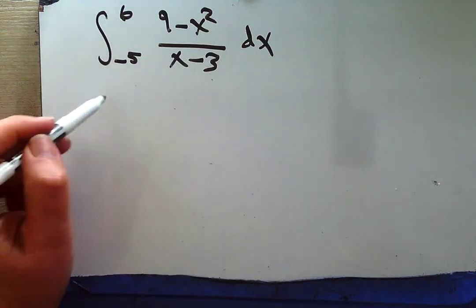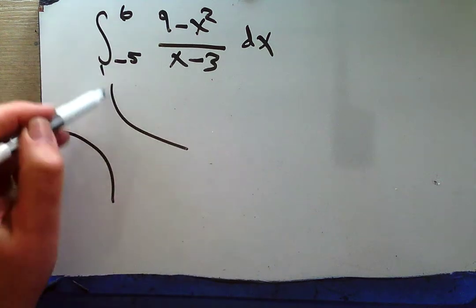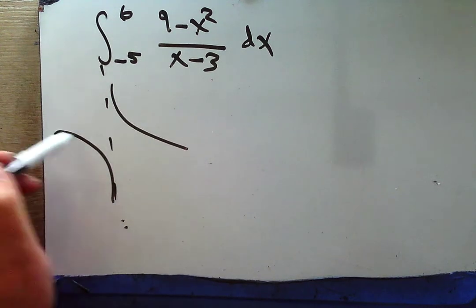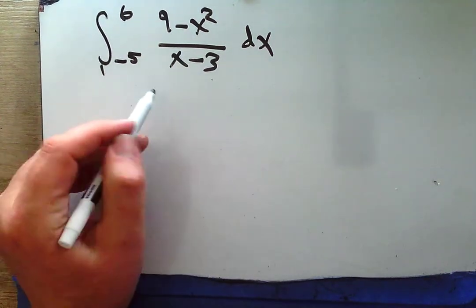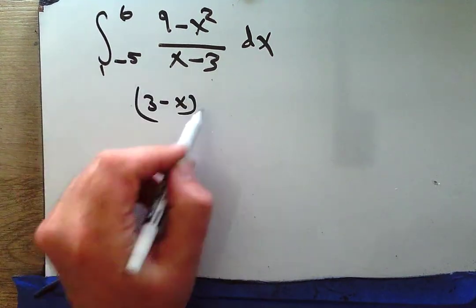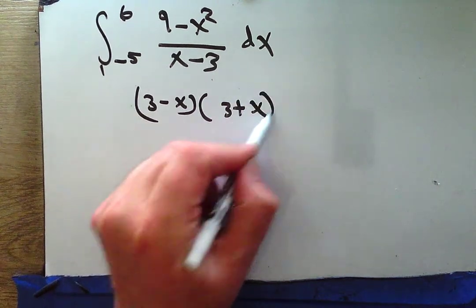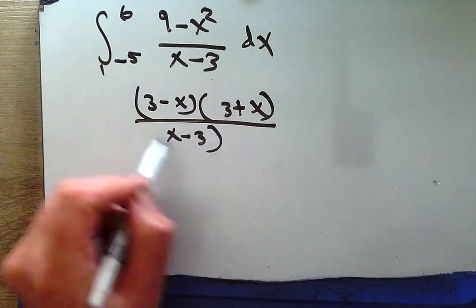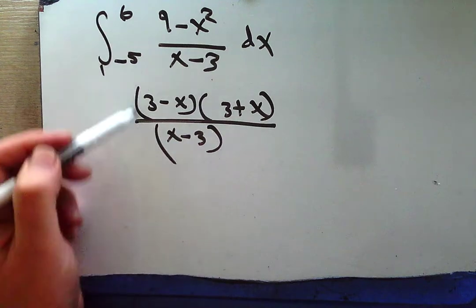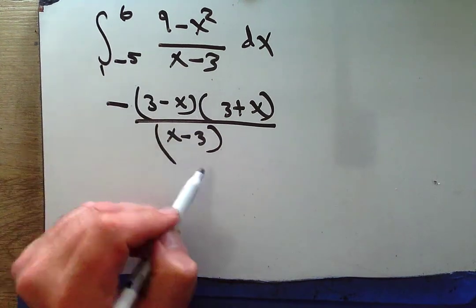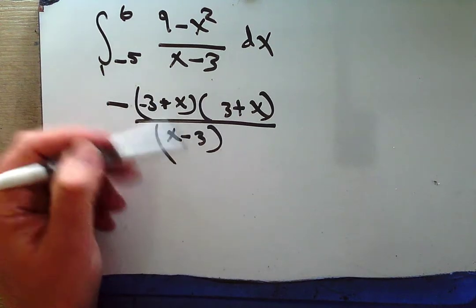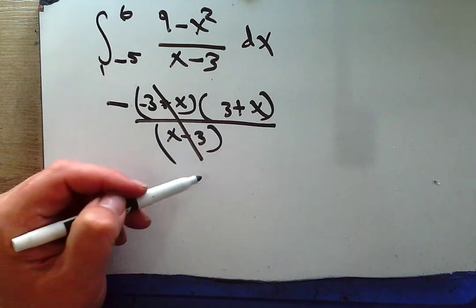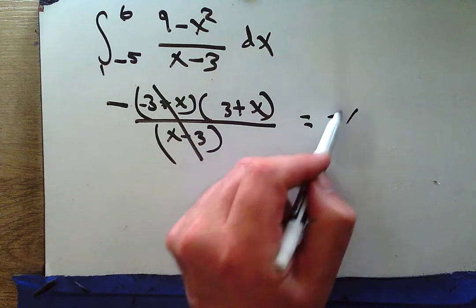Were you scared that it'd be curvy around a vertical asymptote and you wouldn't know how to do those areas? But instead, you said 3 minus x, 3 plus x, x minus 3. Well, these are almost opposites. They would be the same if I pulled out a negative. So those go. And so I end up with negative x minus 3.